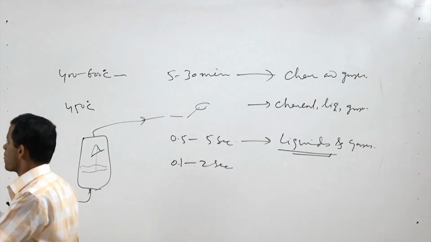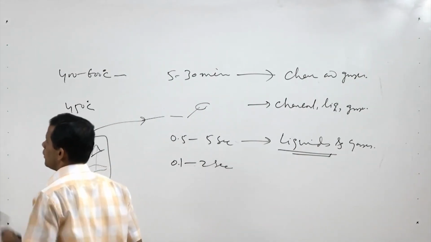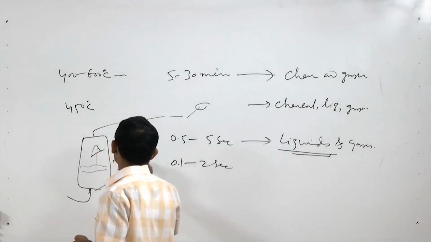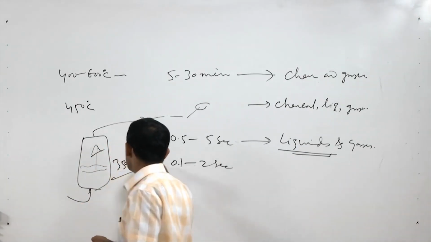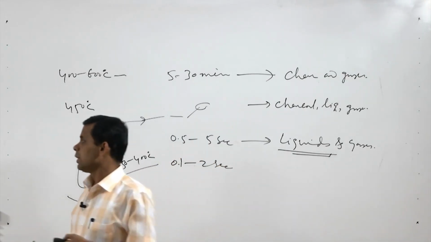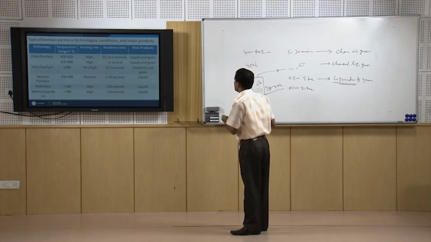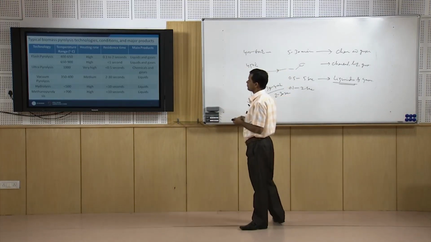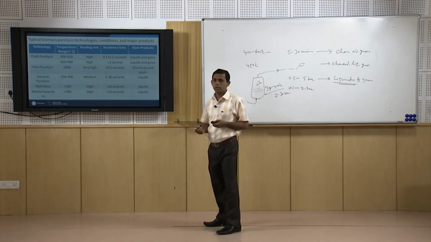That is why we get more liquids using vacuum pyrolysis. 350 to 400 degree centigrade is required. Here the temperature requirement is also relatively less with respect to other pyrolysis, and we get 2 to 30 seconds of residence time. A medium heating rate is required.